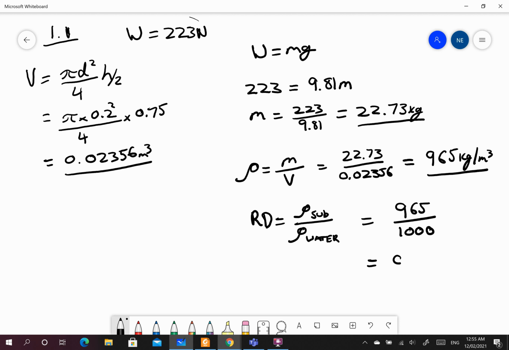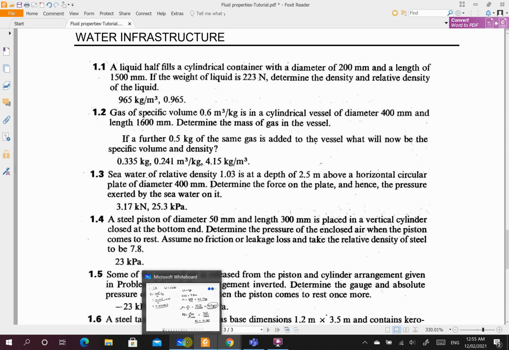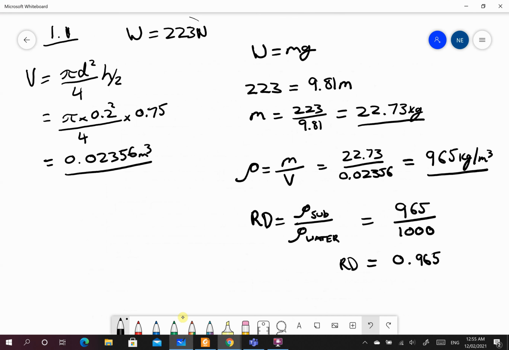So I get 0.965, my RD. That's the final answer here. So how do we go? 965 kilograms per meter cubed, and there's my relative density. Awesome. Let's undo all of this. Okay, let's use the eraser then.